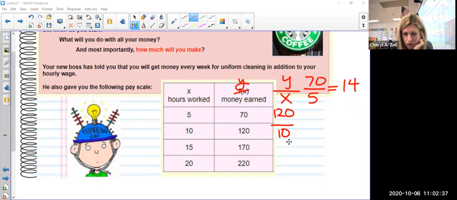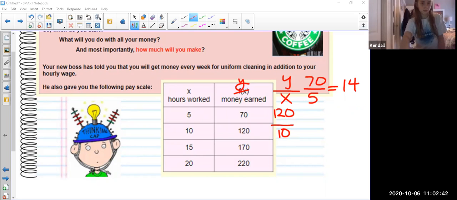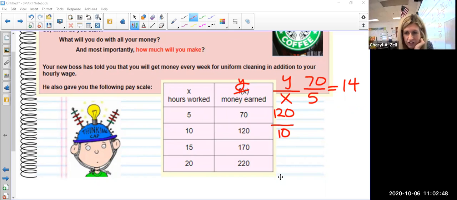No. What about 170? No. So they're all different. This one is correct. Yes, $70 divided by 5, but I'm going to show you how to find that.